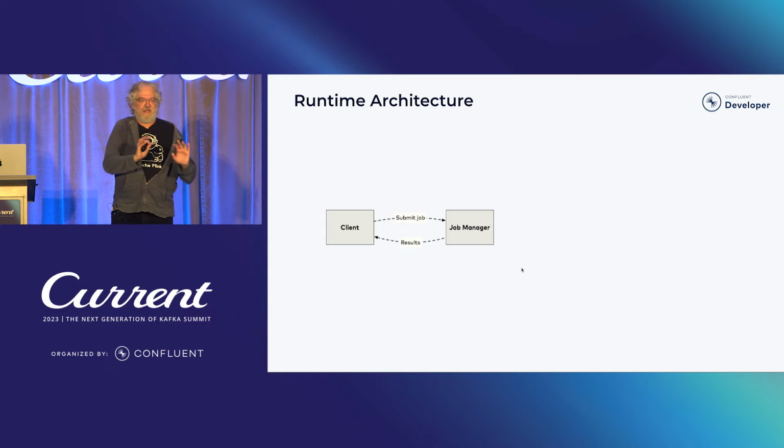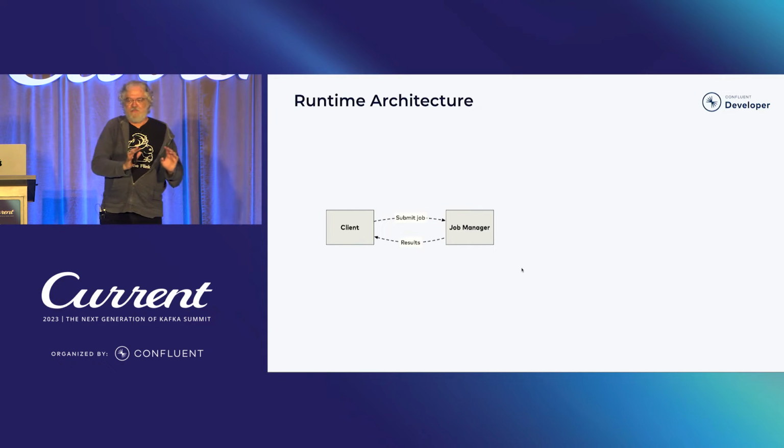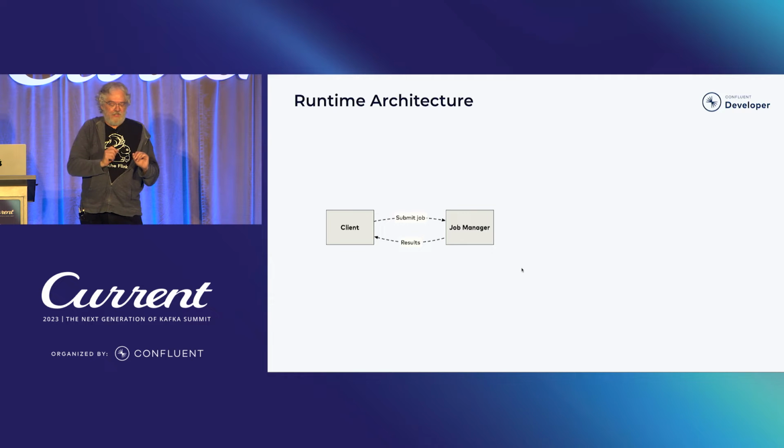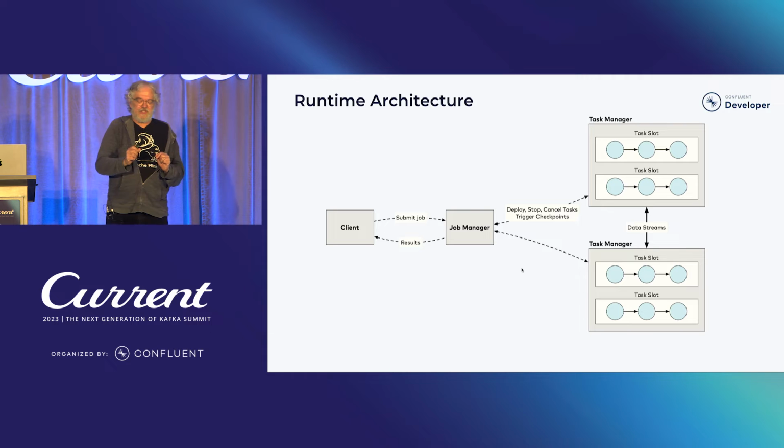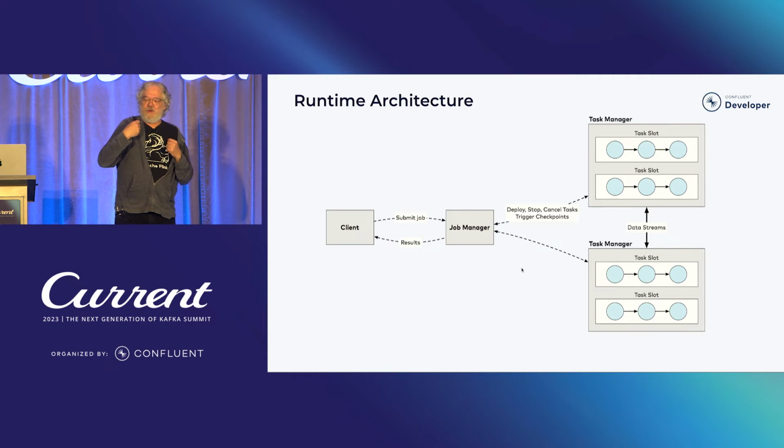Now this is an important thing to contrast with something like Kafka Streams, which is an application library. Flink runs everything in a Flink cluster. And that cluster is primarily made up of task managers, which is where your application code actually runs. So the job manager arranges for enough task managers to be spun up to meet the needs of your job.